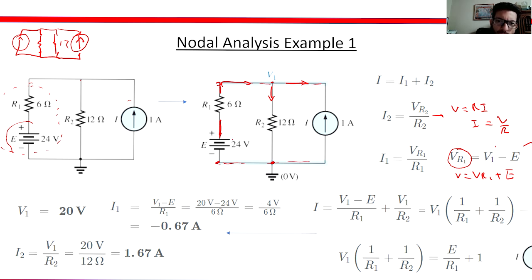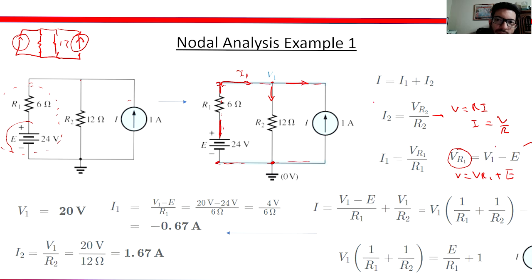So current 1 through this leg, oh, this is current 1. Current 1 is voltage drop through 1 divided by resistor 1.